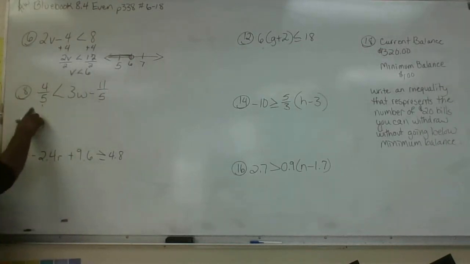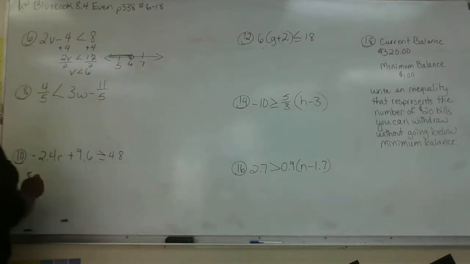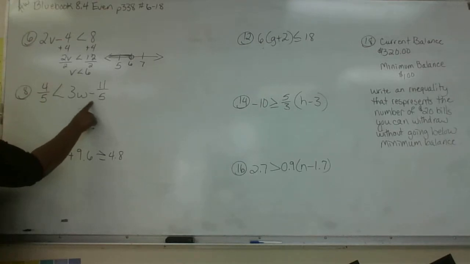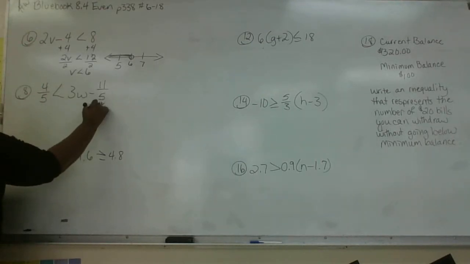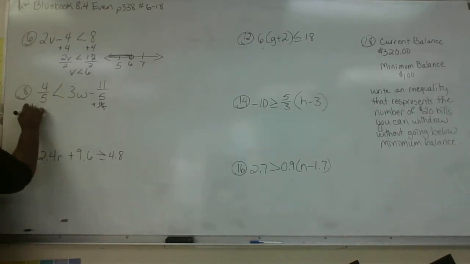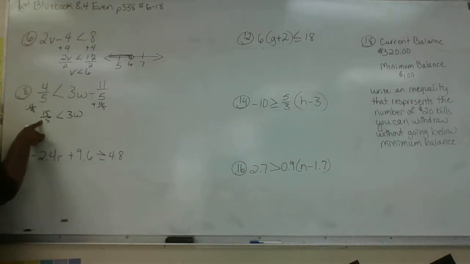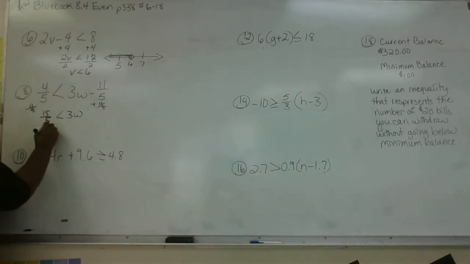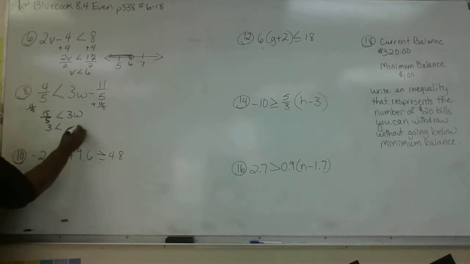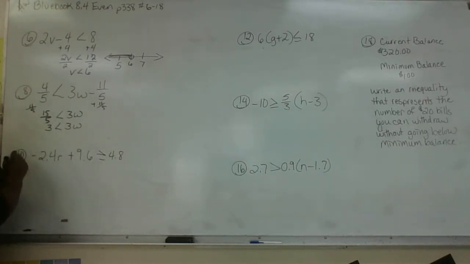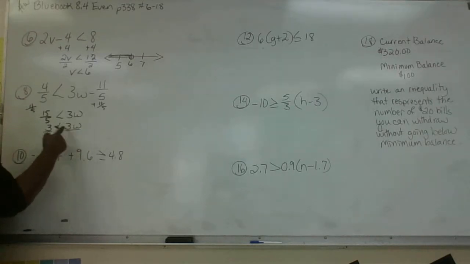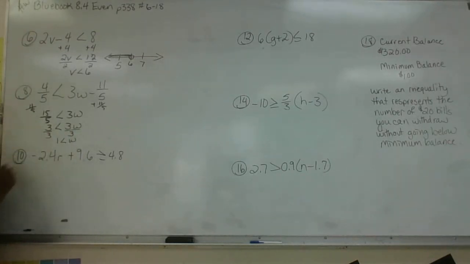Here we are starting with our 11/5. We're going to add 11/5 to both sides. All right, from there we have 15/5, which is less than 3w. Here we can work with a whole number by simplifying 15/5, so that it is 3 less than 3w, and therefore we divide both sides by 3, and so 1 is less than w.